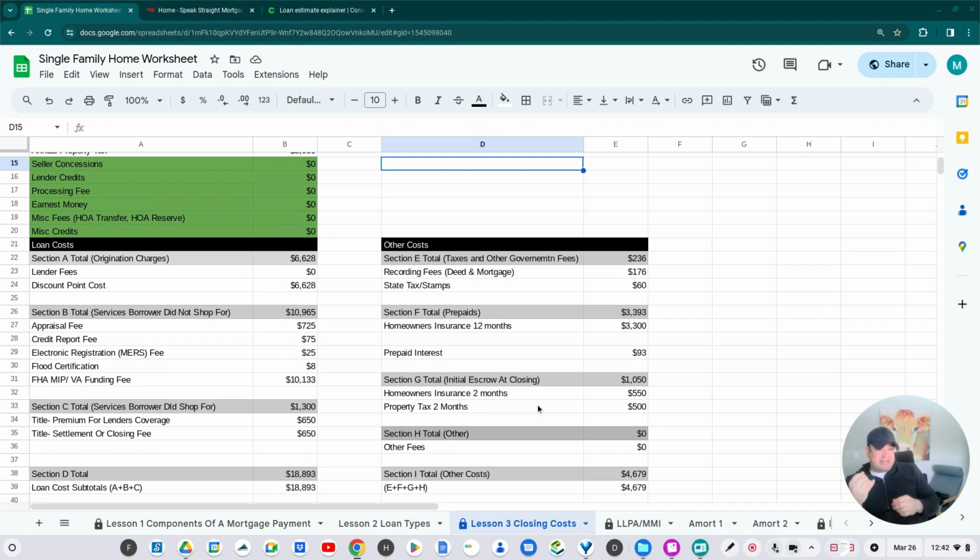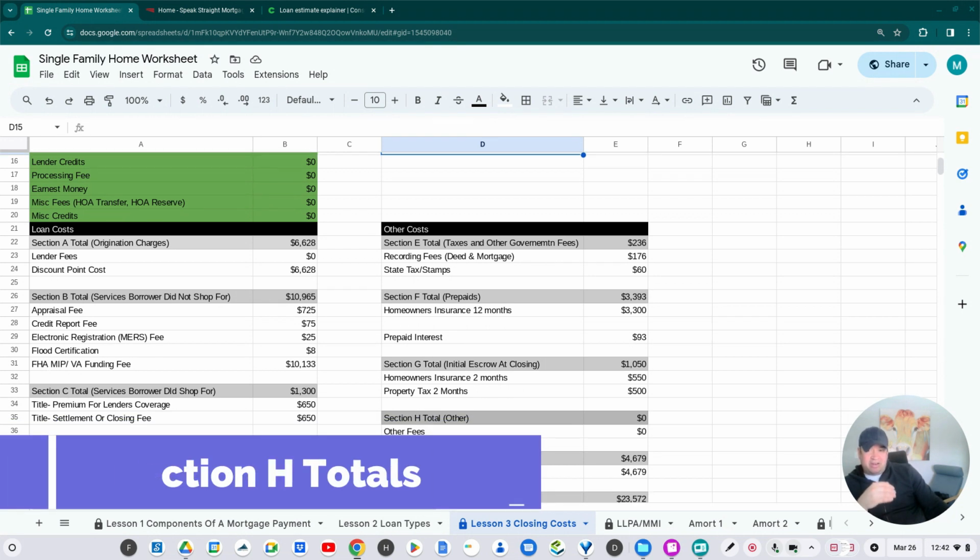So an additional 2 months, in addition to the initial 12 months, are collected in escrow because you skip a month payment when you close on a house. Same thing with property tax. 2 months escrow is collected. This might say a different number on a loan estimate, but in the end, there's an adjustment and it will end up near 2 months.